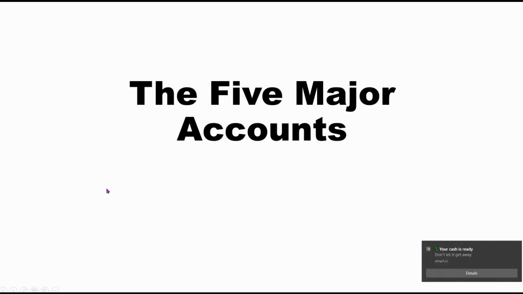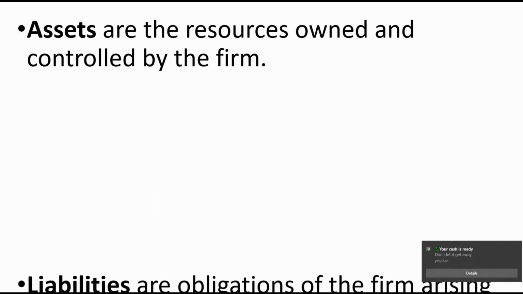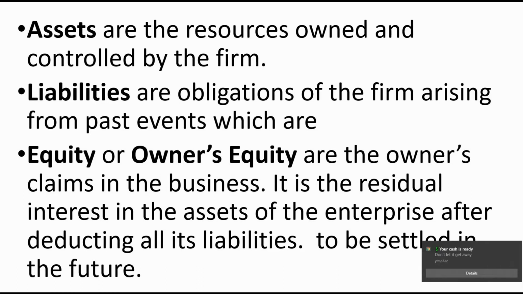Okay. Now, let us start with the first account. So, originally, we have these 3 accounts. We have assets, liabilities, and equity. These are the 3 major accounts that we have. First is asset.